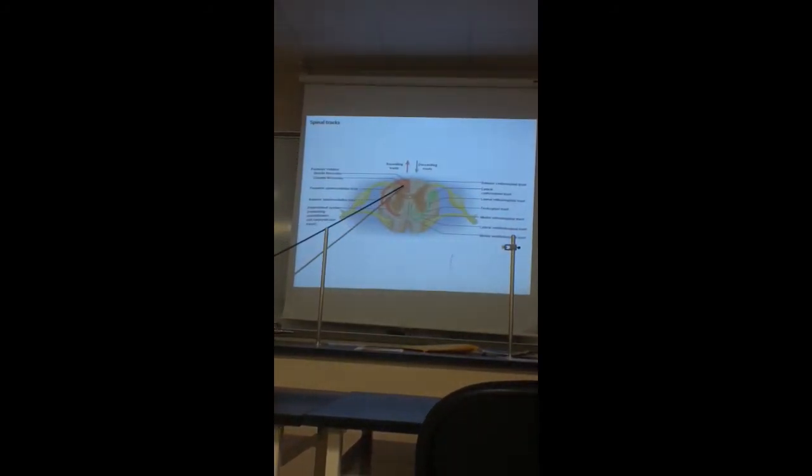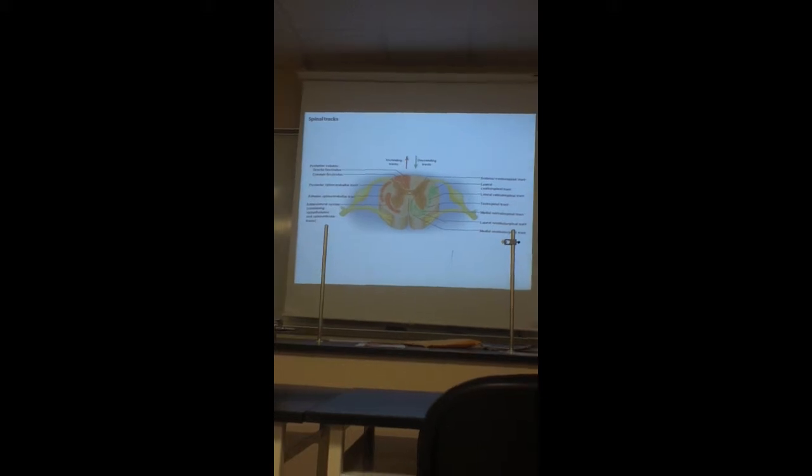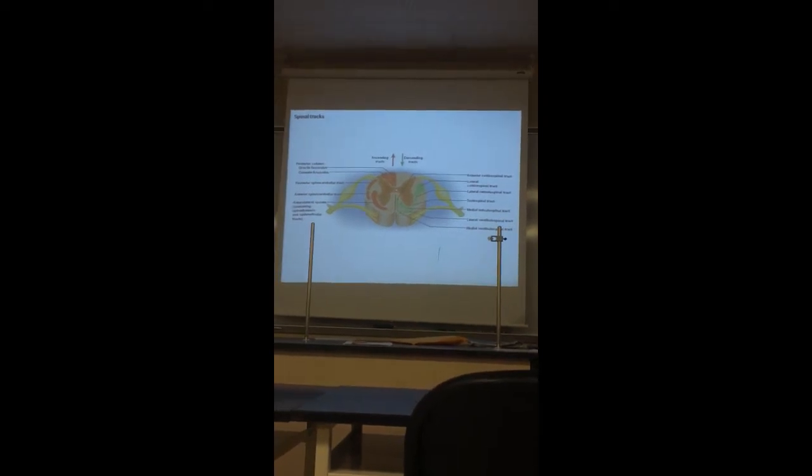So right here in the cord, these tracts are involved in deep pressure and sensation of the part of the body below T6. So we have T6 and everything below, all that perception of things like body movements or the position of our joints. That information is relayed up the gracile fasciculus. Everything above T6 is done with cuneate fasciculus.